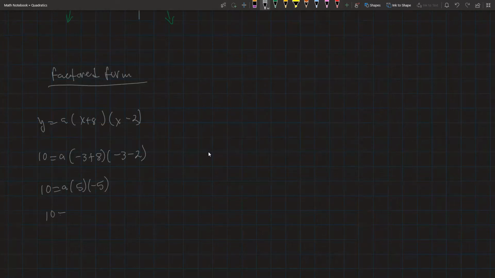So 10 equals negative 25a. And that means that a equals 10 over negative 25, or negative 2 over 5. You check your own work there. But that's it.